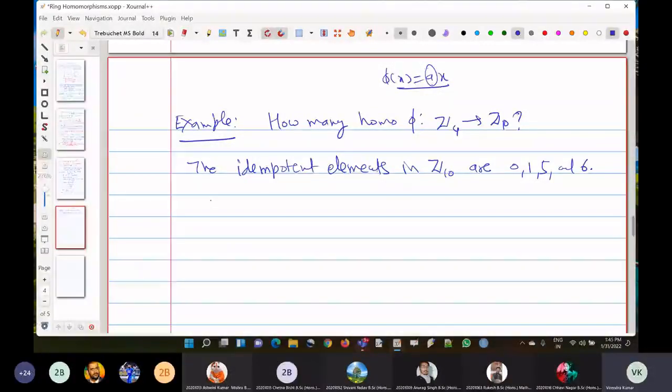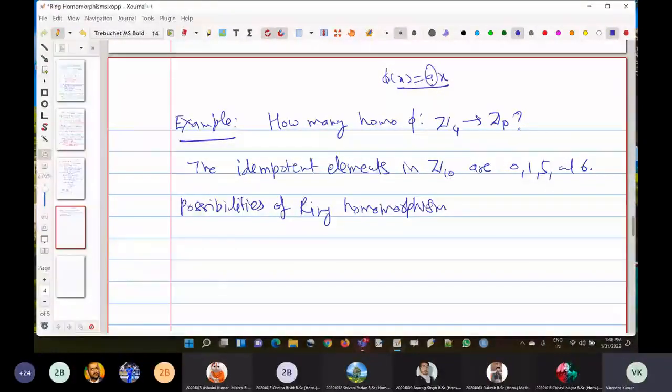These are the idempotent elements; you can check it in Z10. So, the possibility of ring homomorphism.